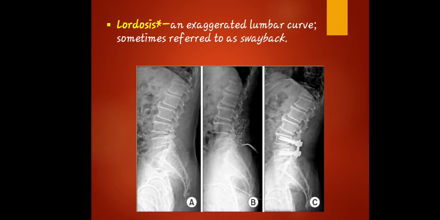Okay, let's proceed. So if there is kyphosis, of course, there is lordosis. It is an exaggerated lumbar curve, sometimes referred to as sway back. If kyphosis is hunchback, lordosis is sway back. A small degree of lordosis is normal, but too much curving is called sway back.